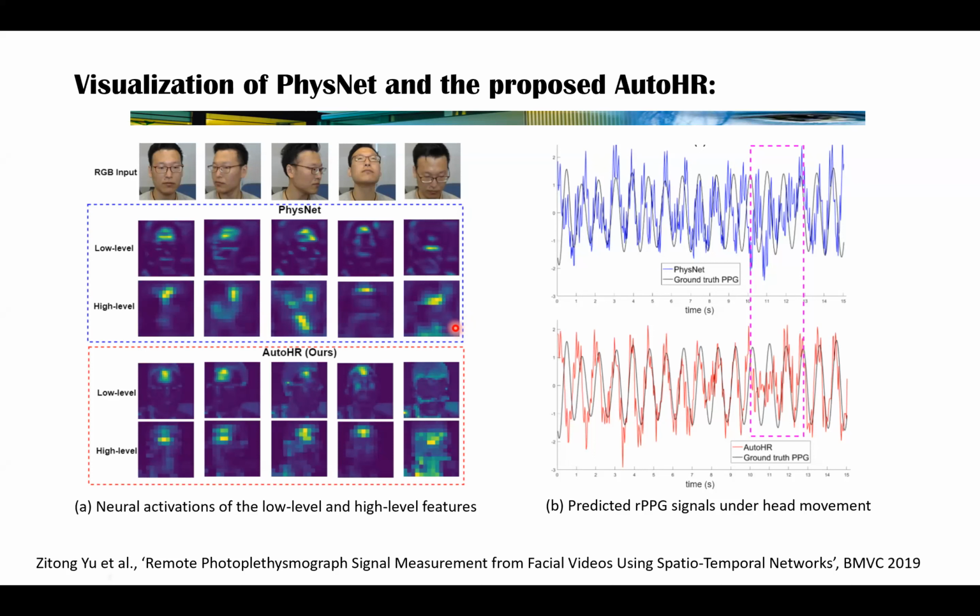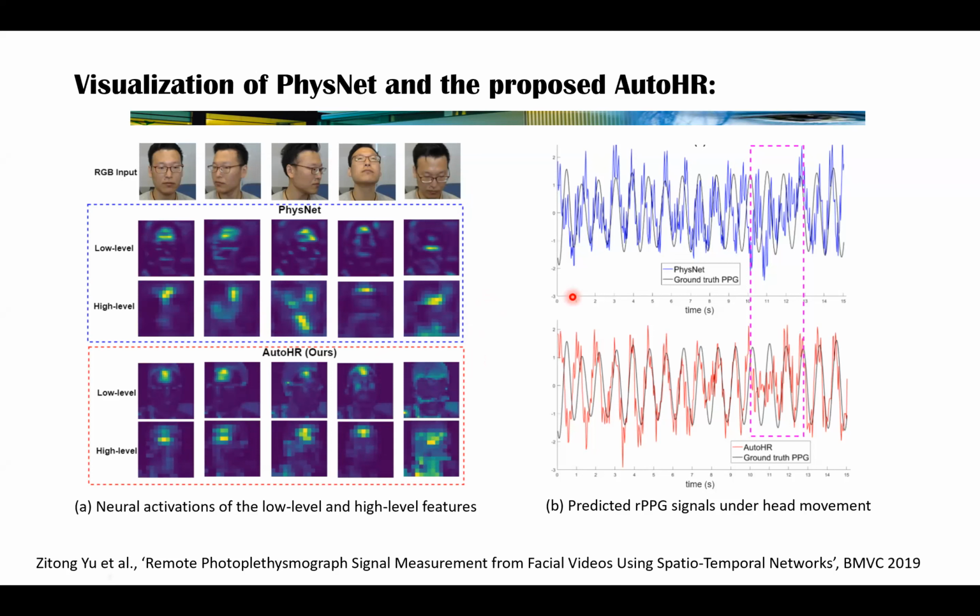That's why they are not very good in serious head motion scenarios. But for our AutoHR, the feature response always focuses on the facial region. For example, even in this challenging case, most of the features inside the face have been activated.